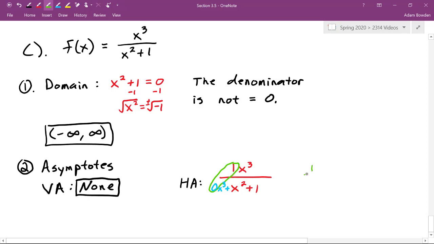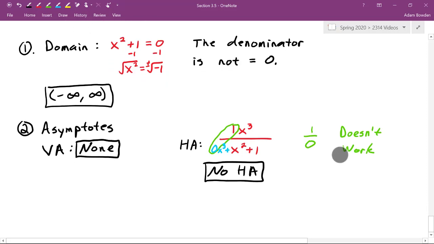Well, now you're seeing a 1 divided by a 0, which doesn't exist. That doesn't work. So in this case there are no horizontal asymptotes either. So we don't have any vertical, we don't have any horizontal.